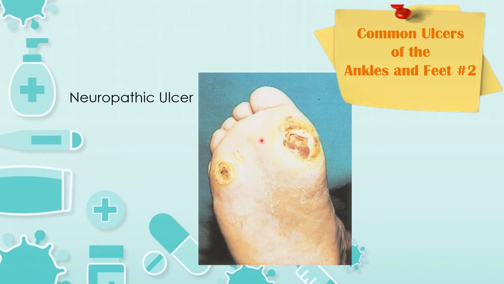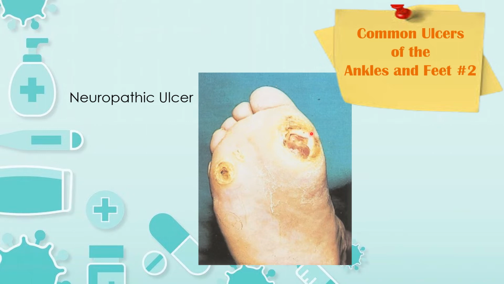So another common ulcer of the ankle and feet, we have here the neuropathic ulcer. So this condition develops in the pressure points of the areas with diminished sensation. This is usually seen in diabetic neuropathy or those who have neurologic disorders and Hansen disease.